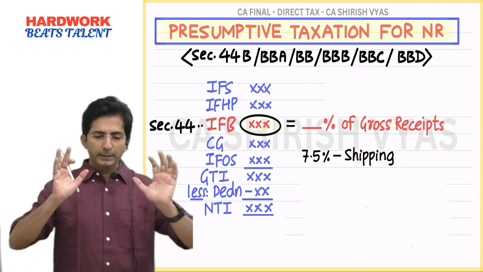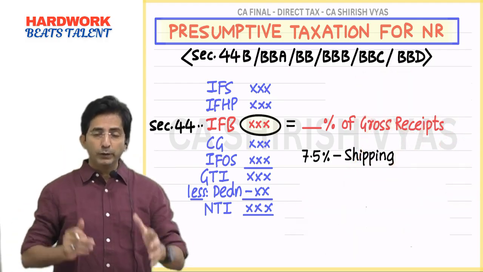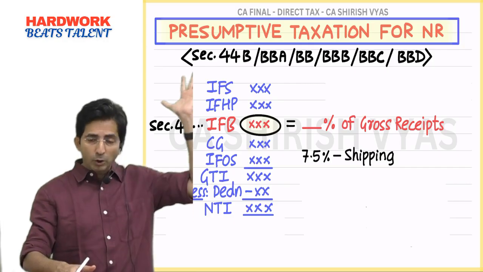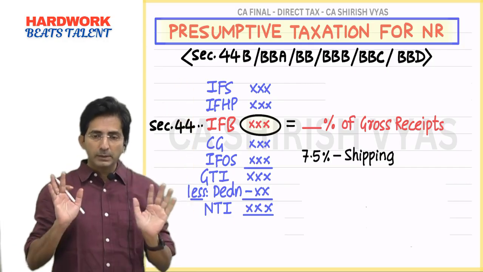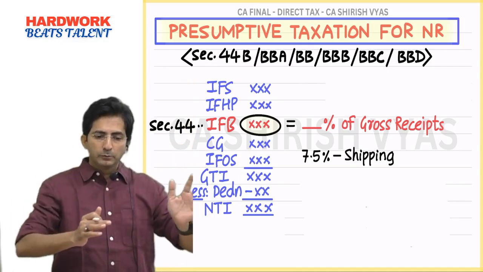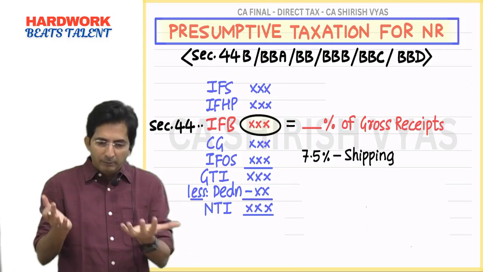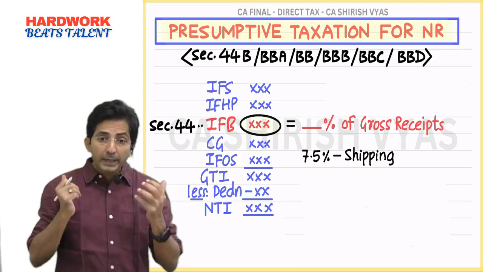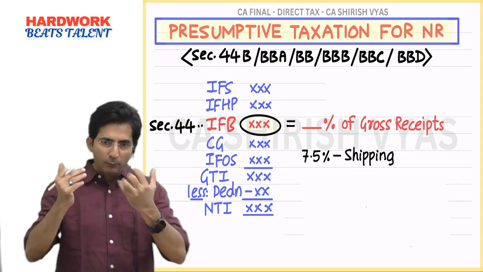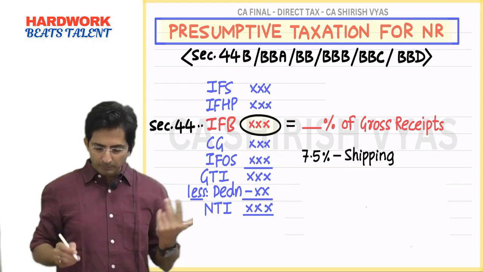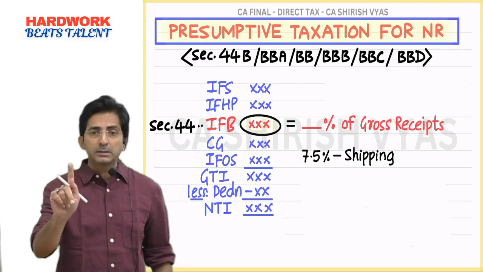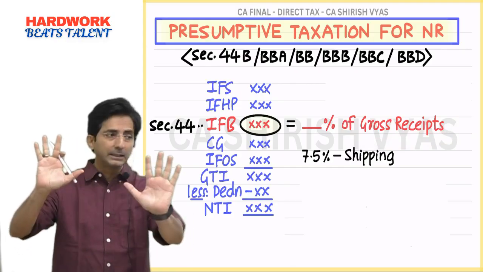If a company wants to transport its cargo from Mumbai to Australia, what revenue will the shipping company get? They will charge freight. Freight is their income. Gross means from the freight, don't deduct any expenditure. Keep the freight as it is.